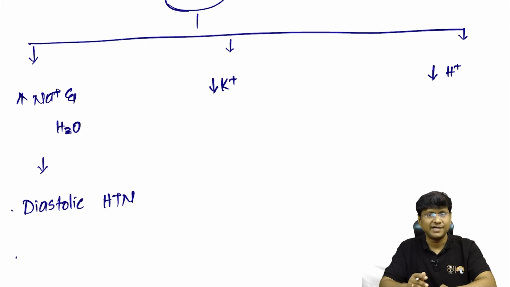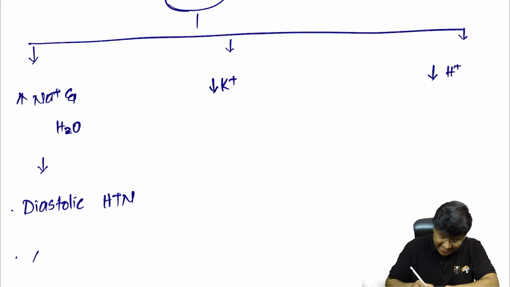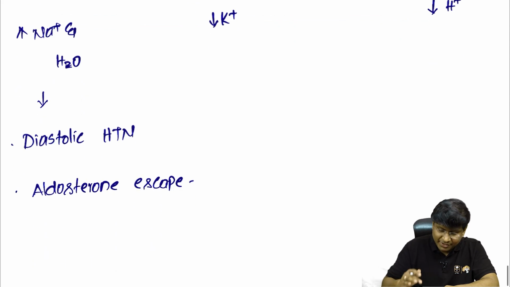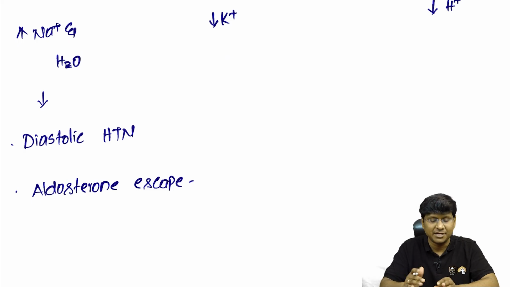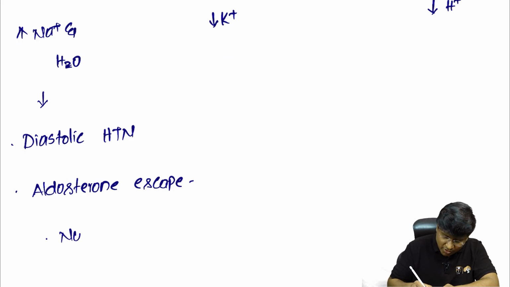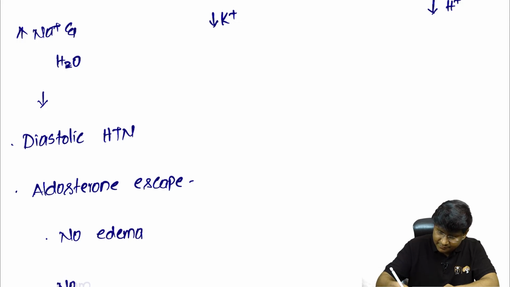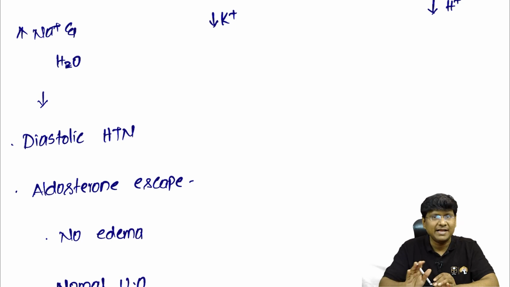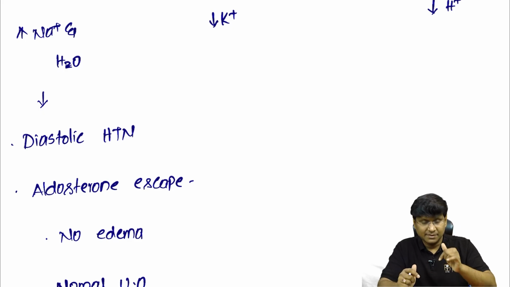And the second important point is a phenomenon called the aldosterone escape phenomenon. I have discussed the concept of the aldosterone escape phenomenon in my main videos. Because of this, these patients will not have edema, and they will have normal urine output. They will not have polyuria.